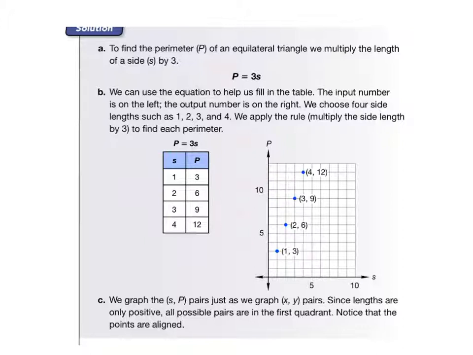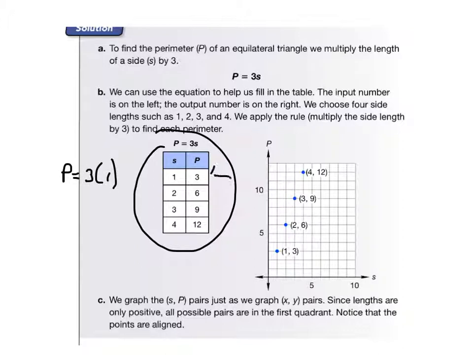So we're going to let S, so here we have an S and a P for our table right here. When S equals 1, then P is equal to 3 times 1, so P is equal to 3. And then the perimeter when S is equal to 2, 3 times 2 gives me 6. And then we have 3 times 3, which gives me 9, and 3 times 4, which gives me 12.